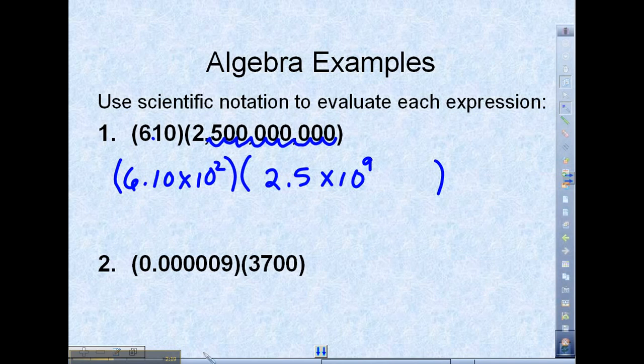Now, I've got 6.1 multiplied by 10 to the second power, multiplied by 2.5, multiplied by 10 to the ninth power. And our associative property of multiplication says we can rearrange things and still come up with the same answer, so I'm going to rearrange.